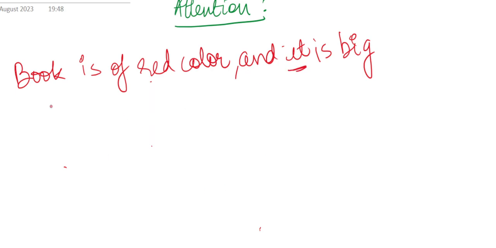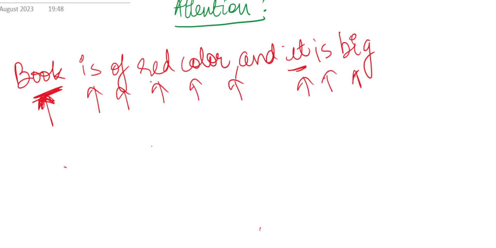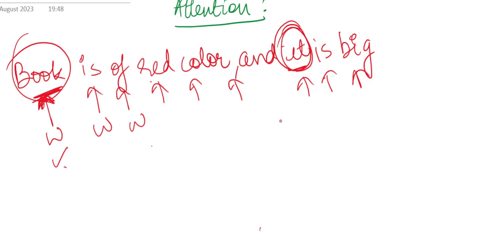So "big" corresponds to book, so the weightage of book should be high, right? Attention takes all these words as input to the encoder, and weights are given to each and every word. So book will be given high weightage when it is calculating it. So weights of each and every word are calculated.